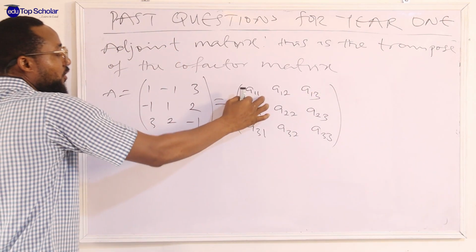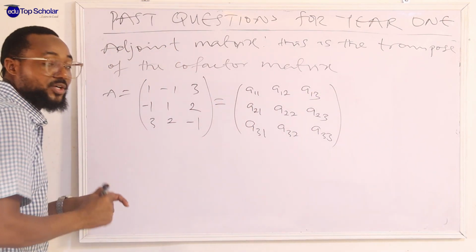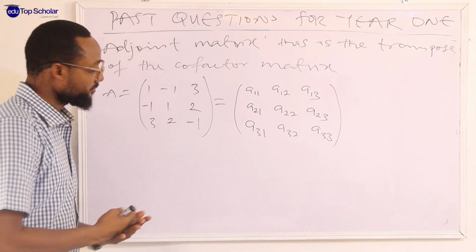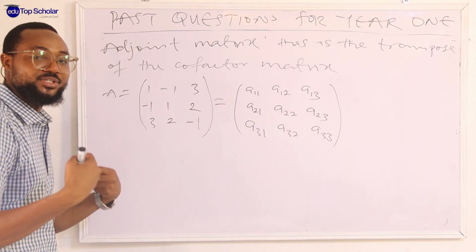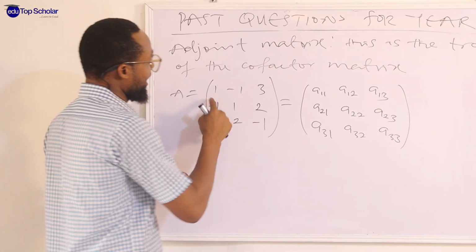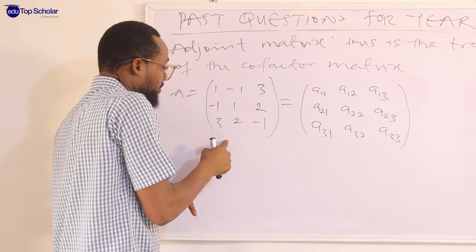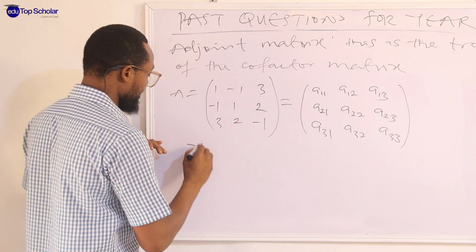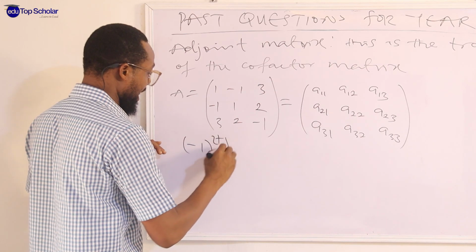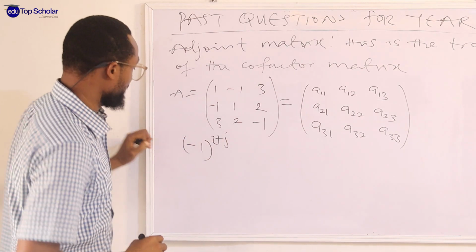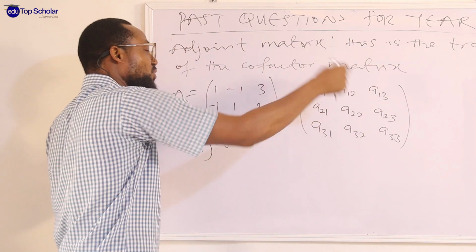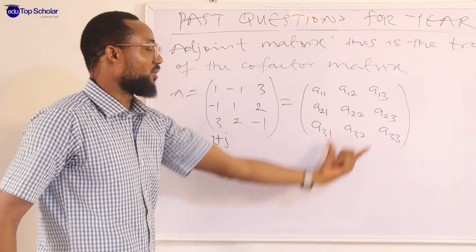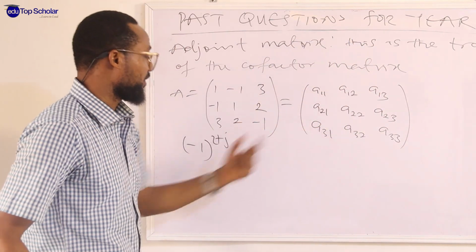The cofactor of a matrix element is defined as the determinant of the matrix obtained by deleting the ith row and the jth column, multiplied by minus 1 raised to power i plus j. So we pick each of these one by one and compute an element for all of them that will later make the cofactor matrix.